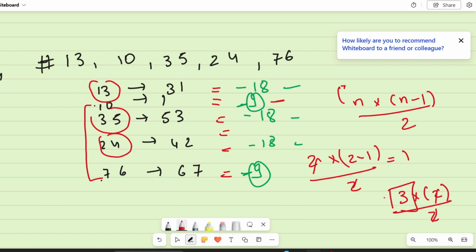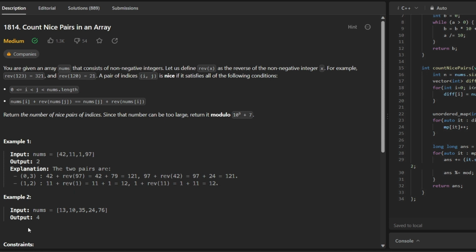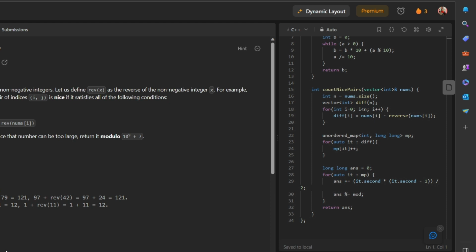So there would be exactly 3 nice pairs. In total, we have 3 plus 1, which yields the answer 4. You can see that in the LeetCode question, the answer for that example is 4, and you now know what the pairs are, right? So this was the whole explanation about the question.